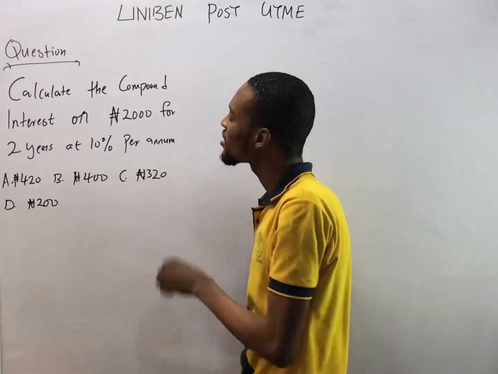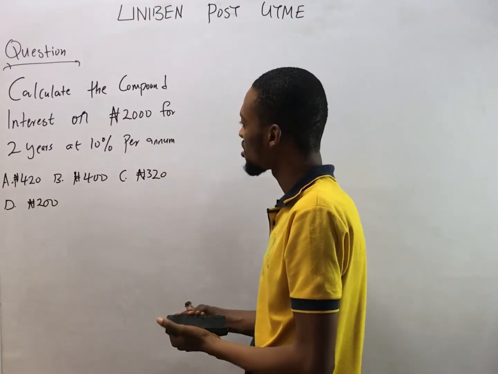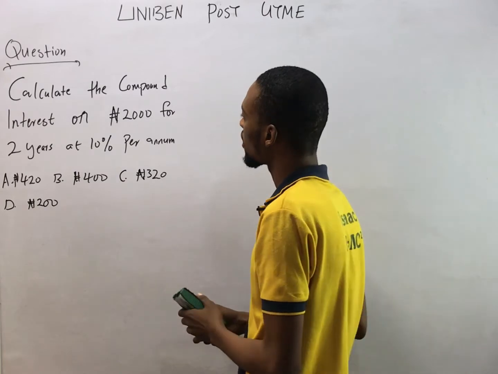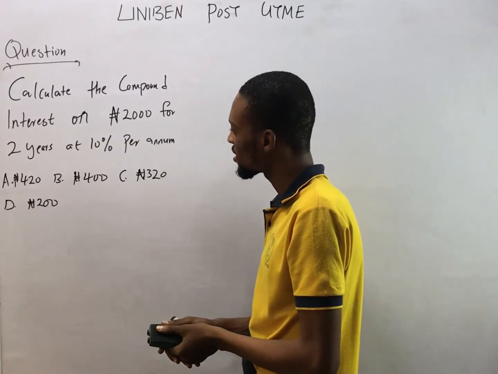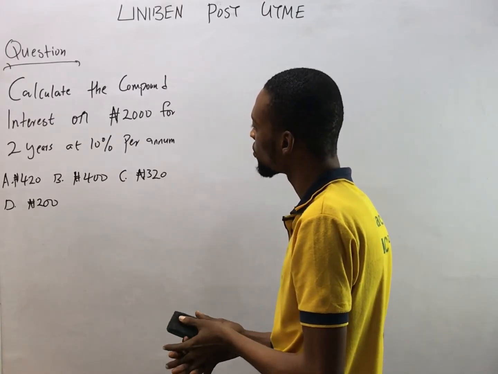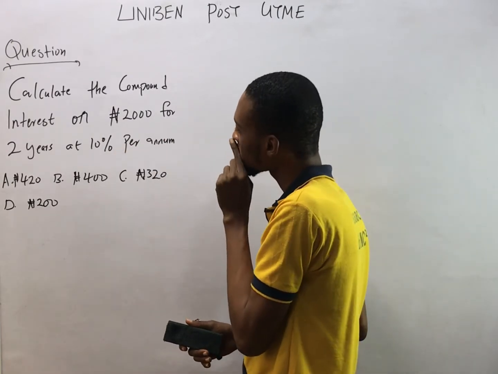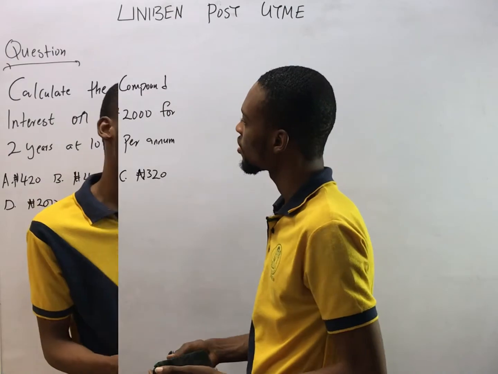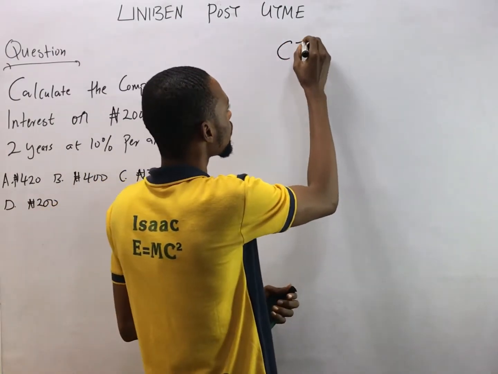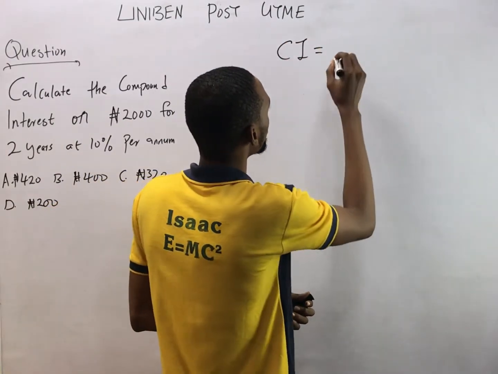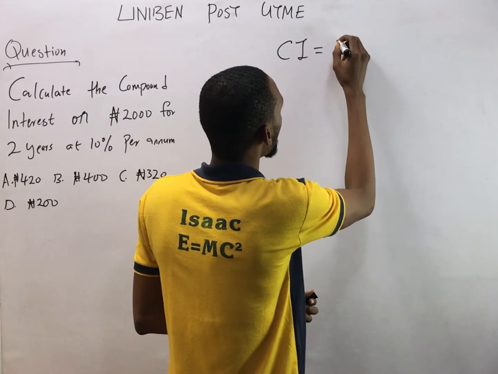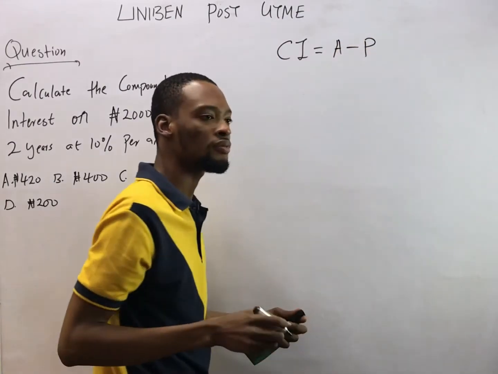This question says, calculate the compound interest on 2,000 naira for 2 years at 10% per annum, which implies 10% per year. And these are the options. Compound interest is equal to amount minus principal.